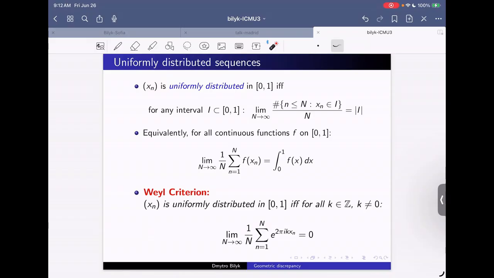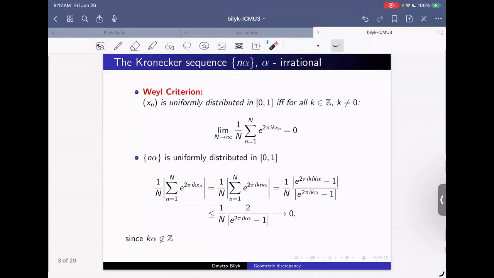All right. Okay, so as I said, let me give you one immediate application of the Weyl criterion. Okay, so this is application to the so-called Kronecker sequence. It's a very famous sequence. I'm sure you've seen it somewhere. Well, we've already seen it in some examples. So this is the sequence fractional part of n alpha, where alpha is an irrational number.